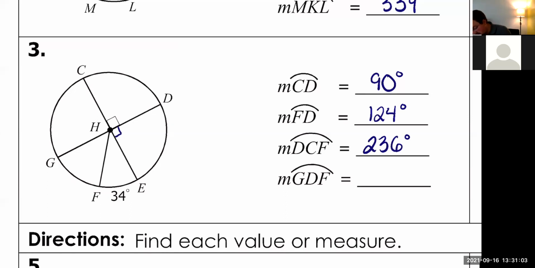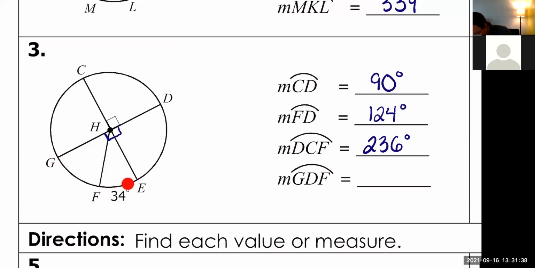And then the last one is the measure of arc GDF. So G, oh goodness, G all the way around to D, all the way around to F. That one, I would argue it may be worth figuring out what GF is and just take that from 360. Well, I have another 90-degree angle in here, which means GE is 90.